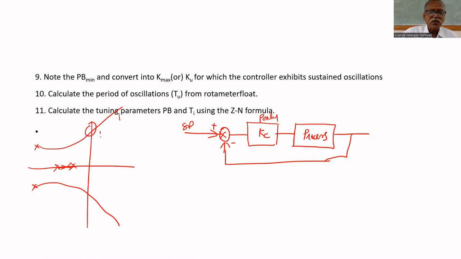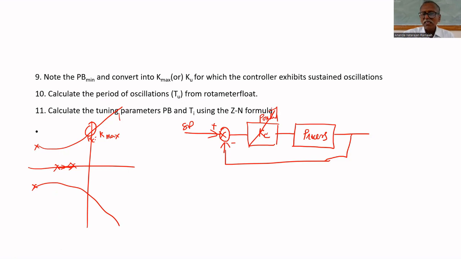At a particular value of Kc equal to K max, it will exhibit oscillation. If there is any further increase in Kc, it becomes unstable. So, by using that concept, we are going to tune here.